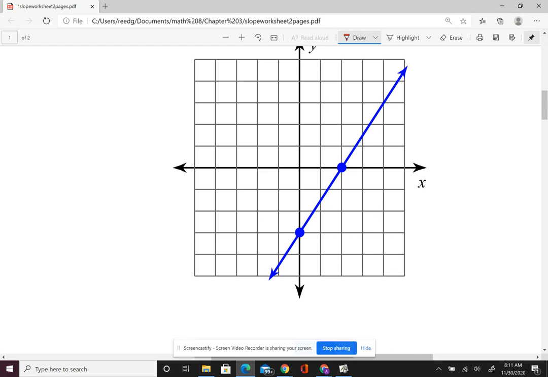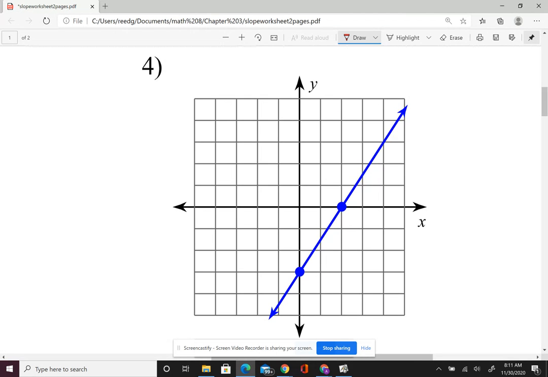Okay. Josh, can you do this one? Yeah. Okay. That one? Yep. Tell me where I'm going to start. Where the dots are? Well, the dot that's higher up.